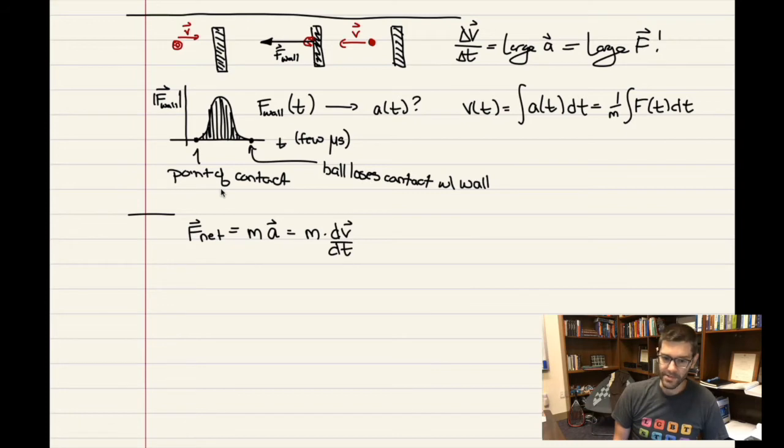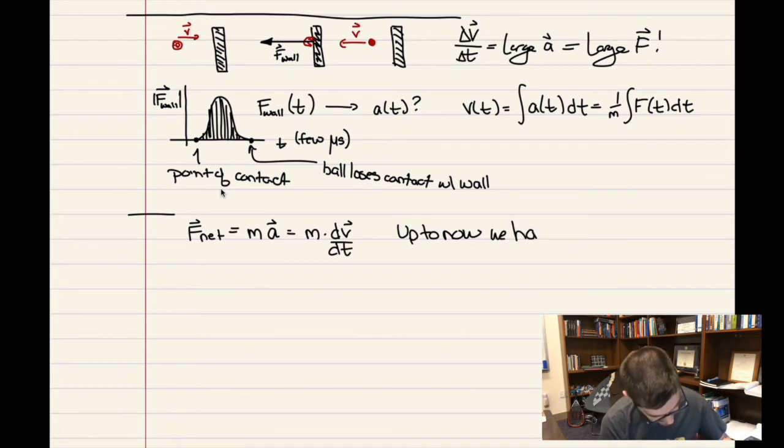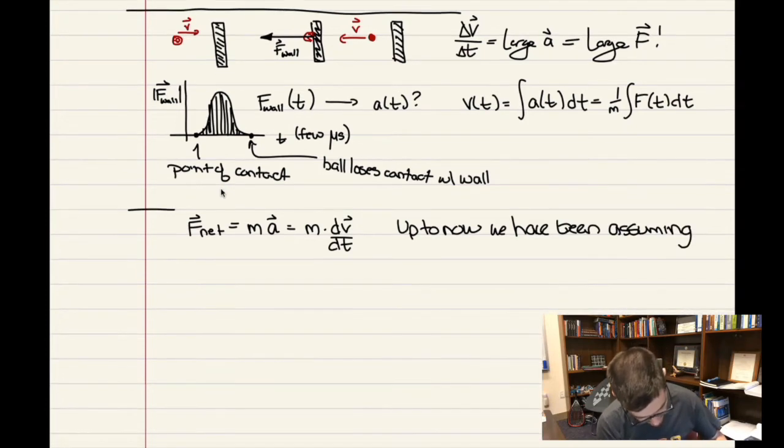And what we have been doing here, we've been making an assumption in all of the problems we've done to date that I've been kind of pushing under the rug, in that we have been assuming up to now the mass is always a constant. We have been assuming m is a constant.